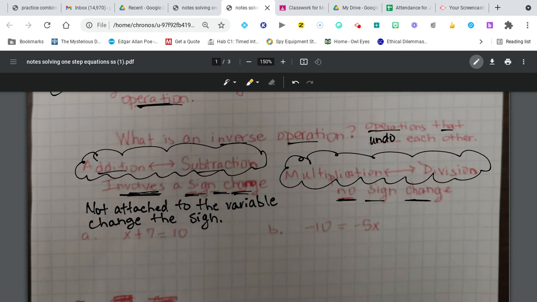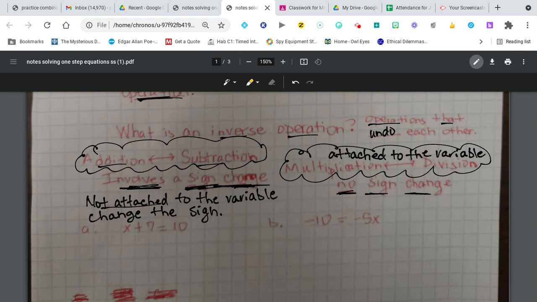So you can just change the sign, okay, to get rid of it. But now if it's attached to the variable, then that means you're either multiplying or dividing. If it's attached to the variable in some way, it's multiplication or division. If it's not attached to the variable, that means it's addition or subtraction, and all you need to do is change the sign.